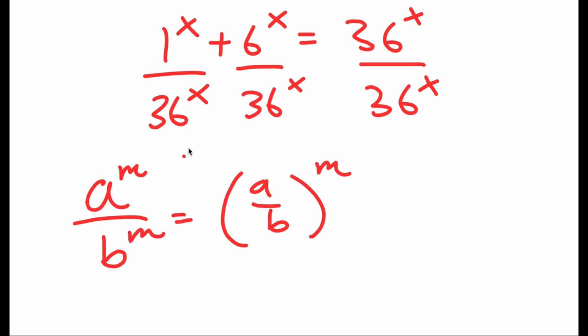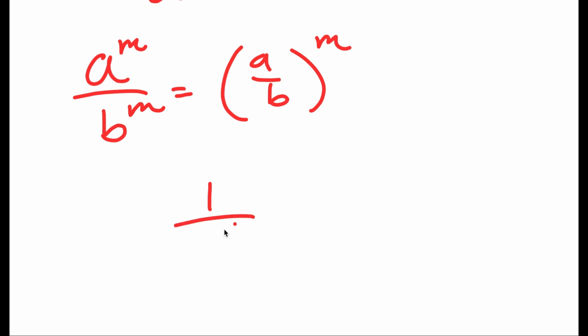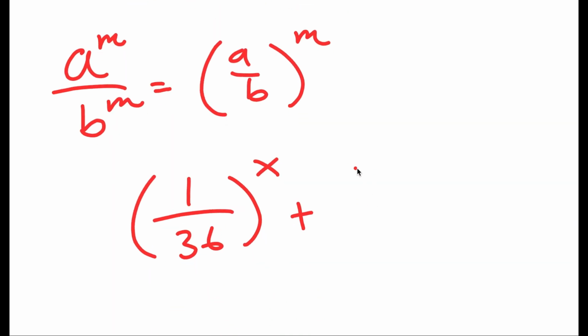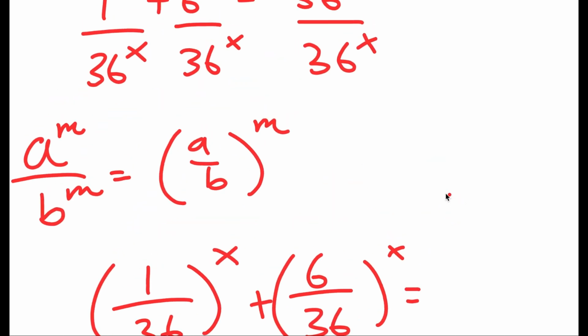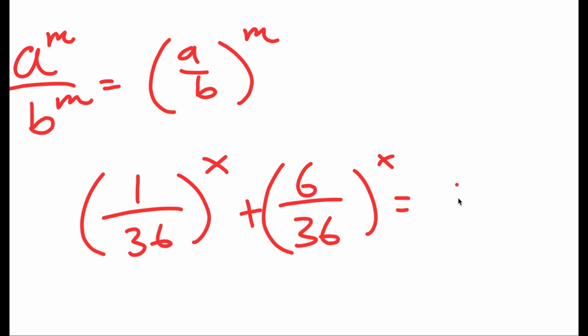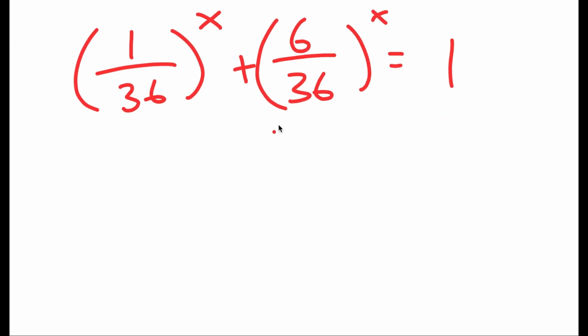So 1 to the power of x over 36 to the power of x turns into 1 over 36 to the power of x. And 6 to the power of x over 36 to the power of x turns into 6 over 36 to the power of x. And 36 to the power of x and 36 to the power of x cancel out to be 1. So I have 1 over 36 to the power of x plus 6 over 36 to the power of x is equal to 1.